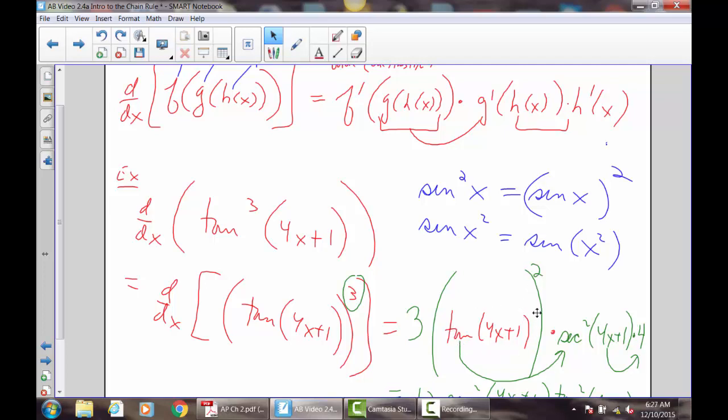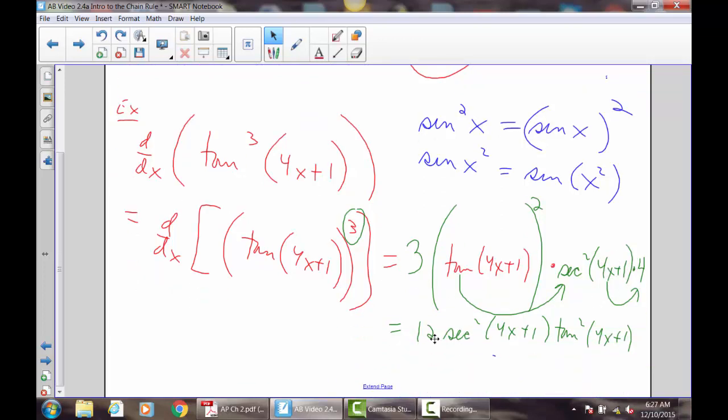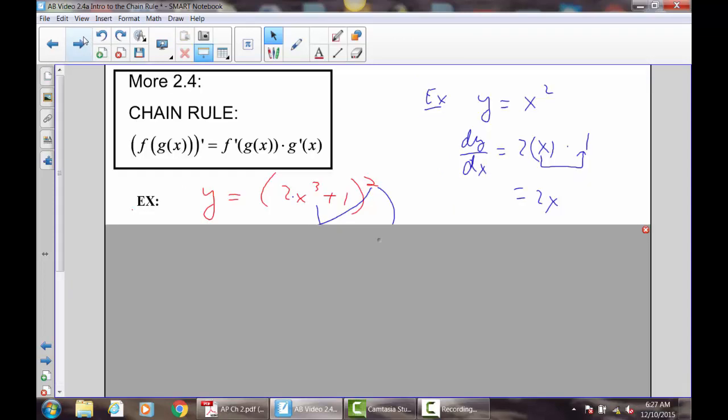Then inside here, since this is not pretty little x, you have the derivative of the tan of blah. So the derivative of the tan of blah is the secant squared of blah. And then finally you have an inner function, 4x plus 1, and the derivative of that is 4. And then we pretty it up, 3 times 4 is 12, and then I'm just rewriting it. Okay, so still chain rule.